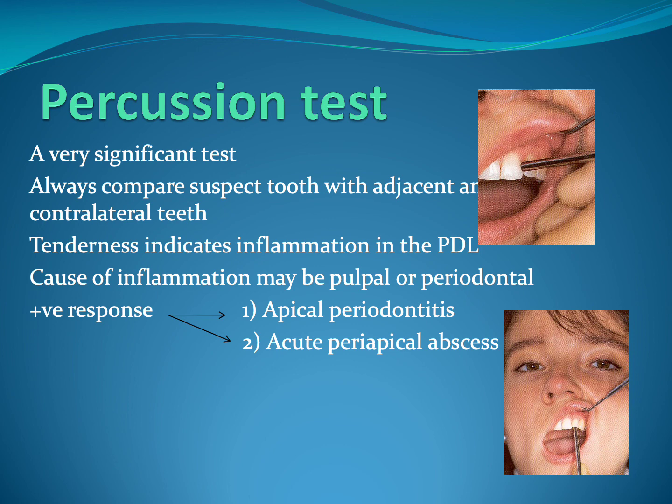A positive percussion test reveals apical periodontitis or acute periapical abscess. Also the cause of inflammation may be pulpal or periodontal. The percussion test means that there is inflammation in this part.